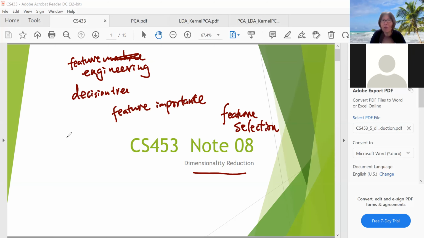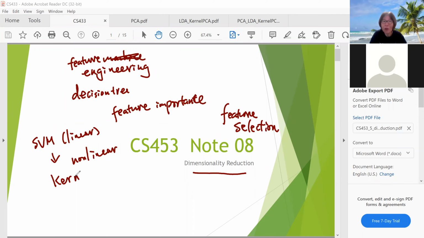And if you recall also previously that we learned SVM. SVM is about linear, then for nonlinear, if you recall, we can use the kernel trick, the kernel SVM, but that's the opposite of feature selection. Feature selection means you reduce some features.